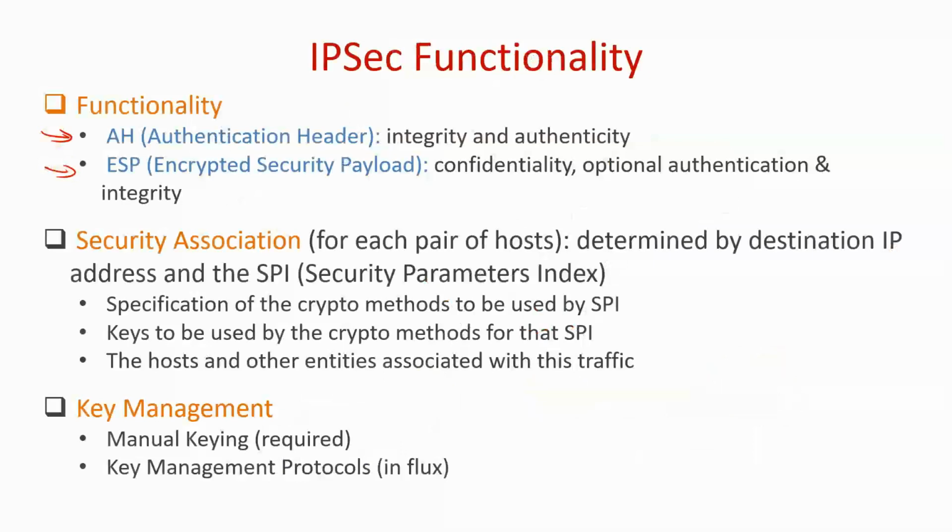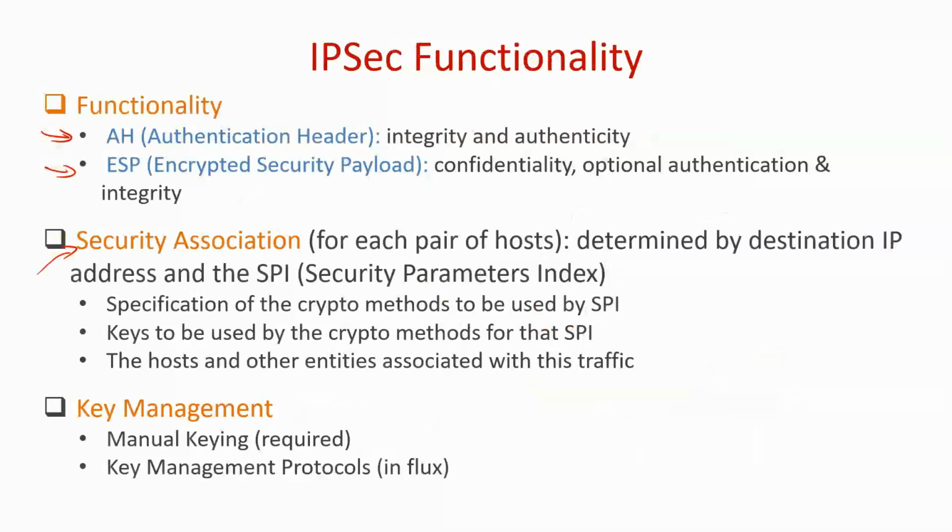Now, how do we solve the problem that IP is a connectionless protocol? Basically, you don't want devices to build a connection between them because then you would be terminating the connectionless property at the IP layer. Instead, you have a security association. A security association is between two devices.